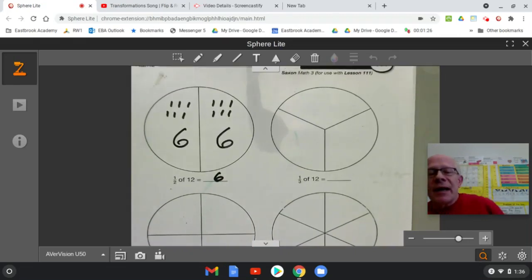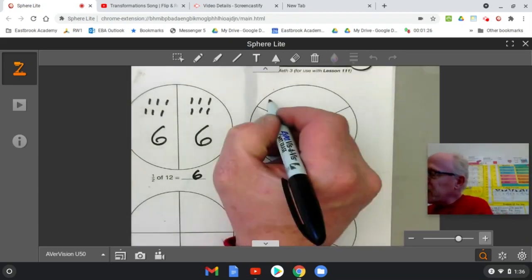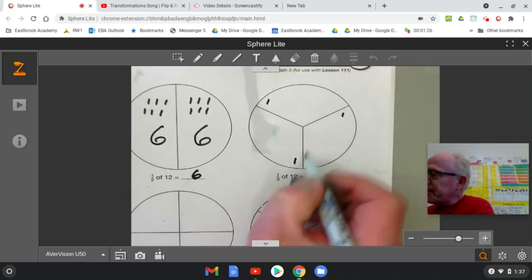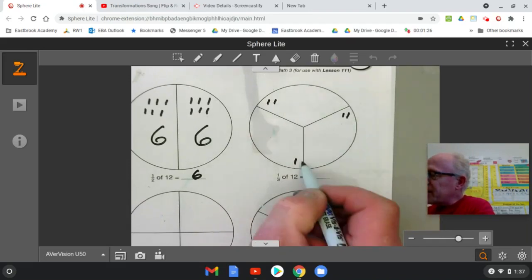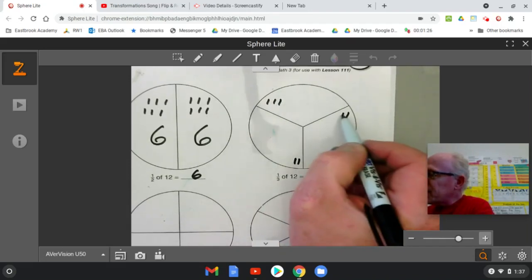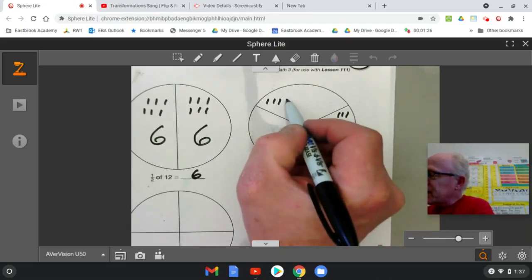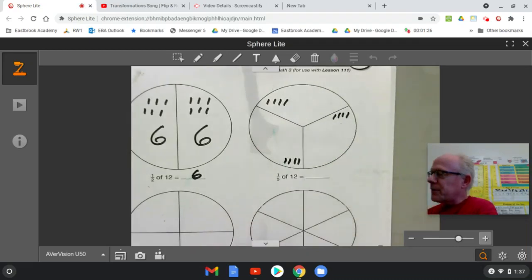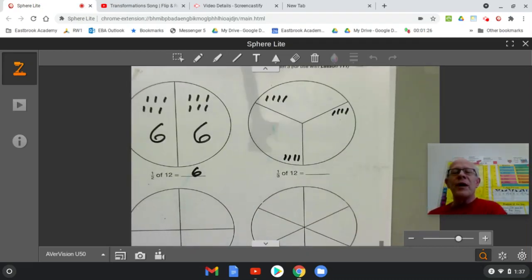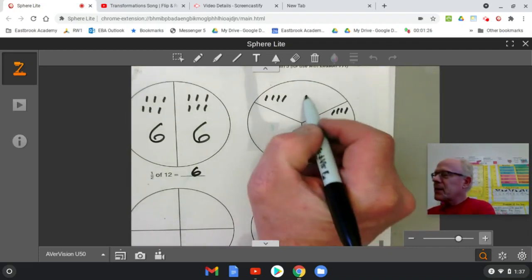If I wanted to take 1/3 of 12, that means divide up 12 jelly beans into 3 different groups, I would go like this. 1, 2, 3, 4, 5, 6, 7, 8, 9, 10, 11, 12. So what is 1/3 of 12? It's 4.